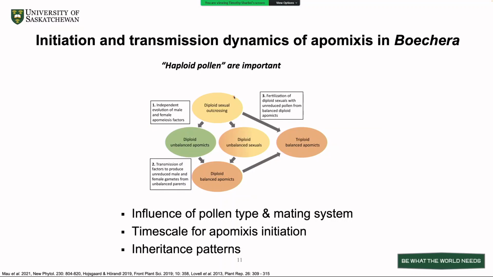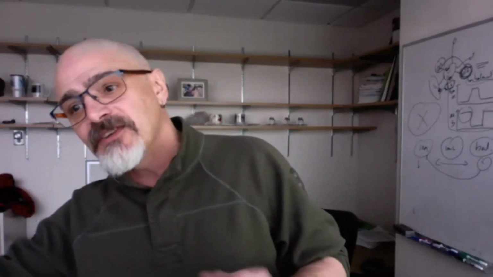And what we have, and I'll show this to you in more detail in the next slide, is that when we look at different species of Boechera, we've got diploid sexual outcrossing populations, and then a very complicated gene flow, which goes all the way to diploid balanced apomicts, triploids, and so on, right? So there's this massive gene flow going both towards apomixis, but also coming back towards sexuality.